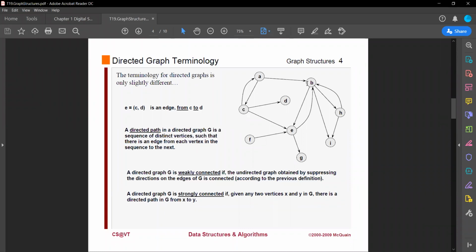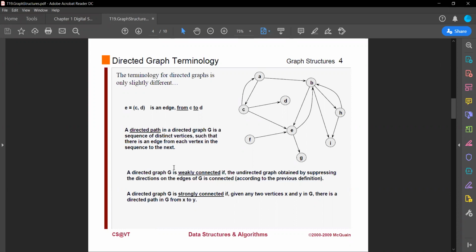So the set of edges here: A comma B, E comma H, I comma B, H comma B, B comma E, E comma A, G comma F, F comma E, C comma E, C comma D, A comma C, and C comma A. Those are the edges for this directed graph.